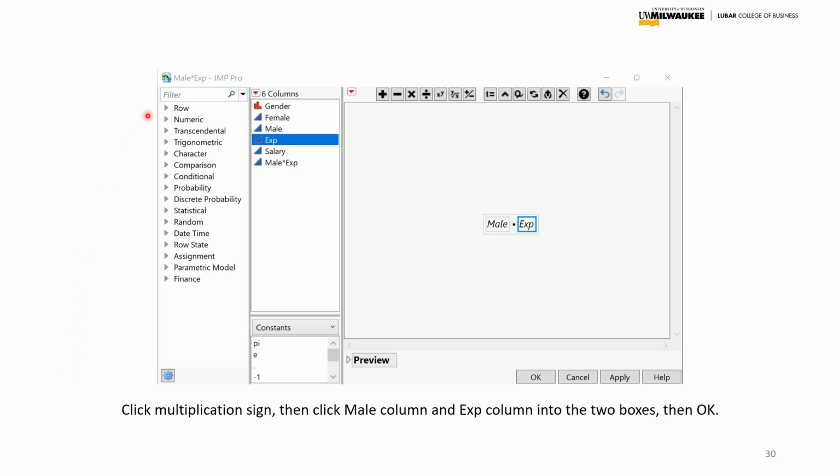Here you can see the formula platform, and I'm going to click the multiplication sign, and then I will click in the column which is male and the column which is experience to make the multiplication between those two columns, and then I will click OK.